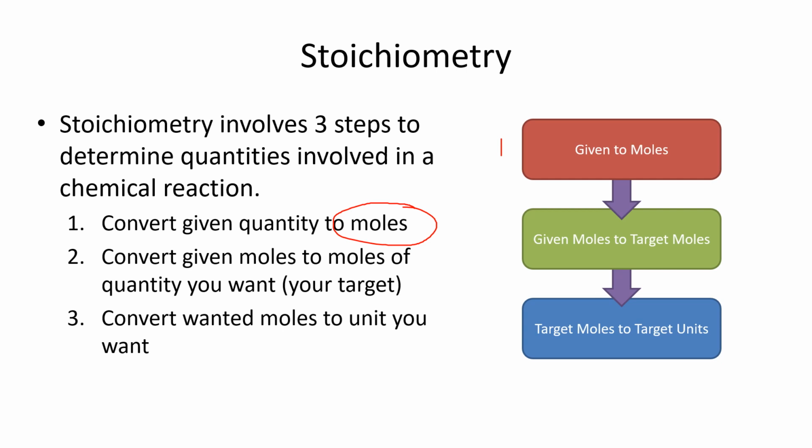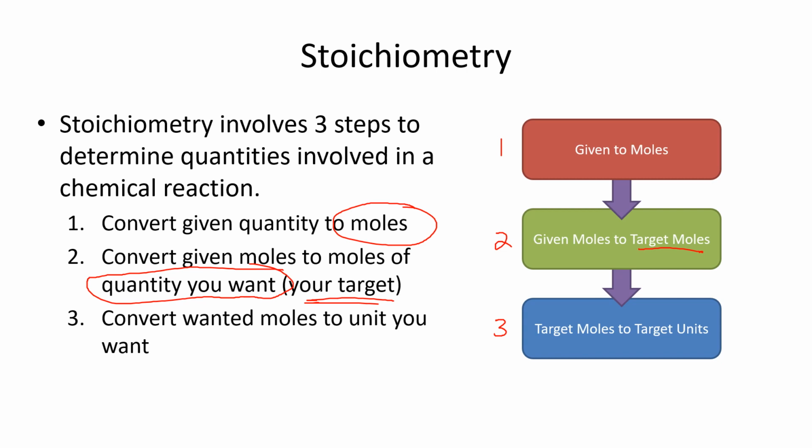And then once you have moles of a measured value or a quantity in the reaction, you're going to use that mole ratio to convert to moles of the thing that you want, your target. So that's step 2. Once you have the moles of your target, then you might have to convert out of moles, because you might not be interested in how many moles of, say, a product you're going to get. You might want to know how many liters or how many grams, which is a measurable thing.